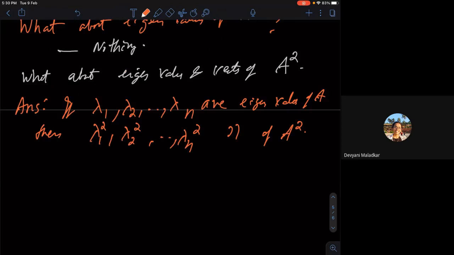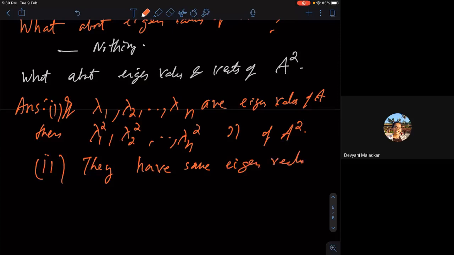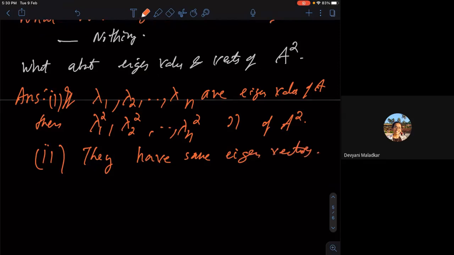Why is this true? This is point number 1, and point number 2 is that they have the same eigenvector. Why is this true?